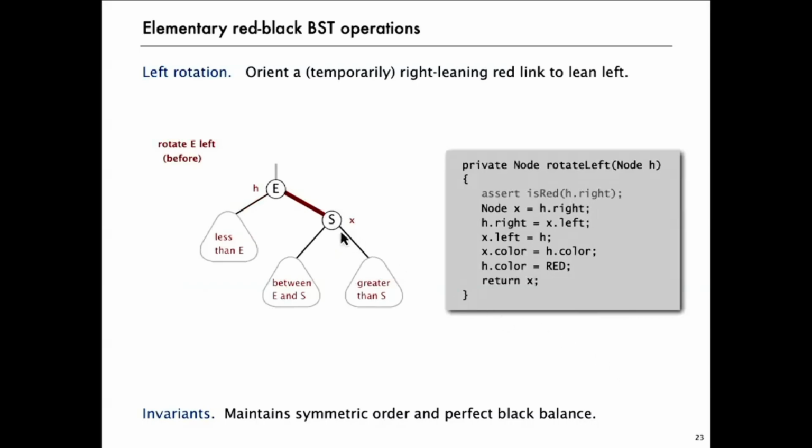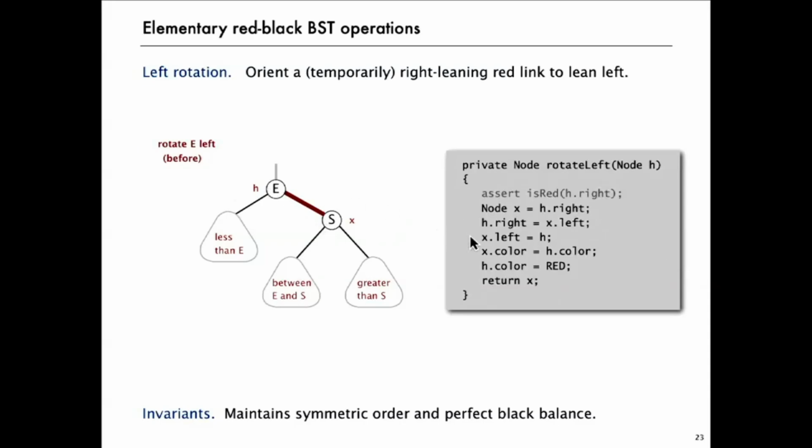If we start with a right-leaning red link, the first thing we do is take the reference of h.right and save that in x. So that's the node that's going to be the new root of the three nodes, so to speak. And then x.left after the rotation is going to be h.